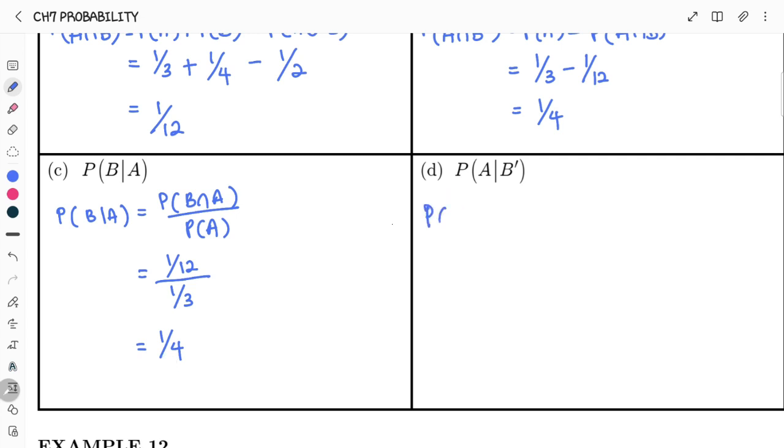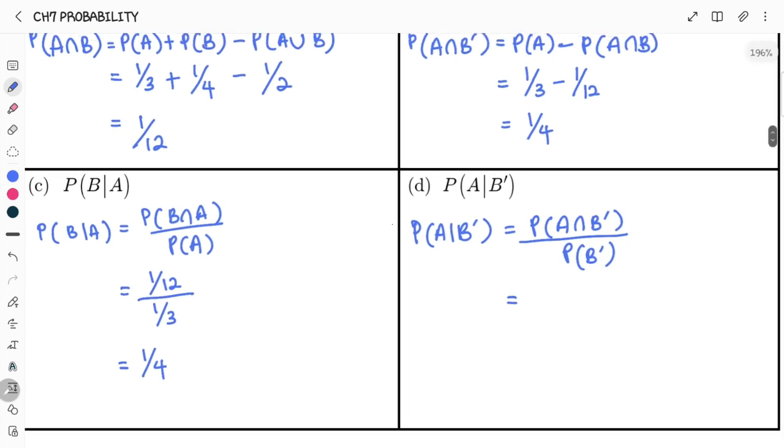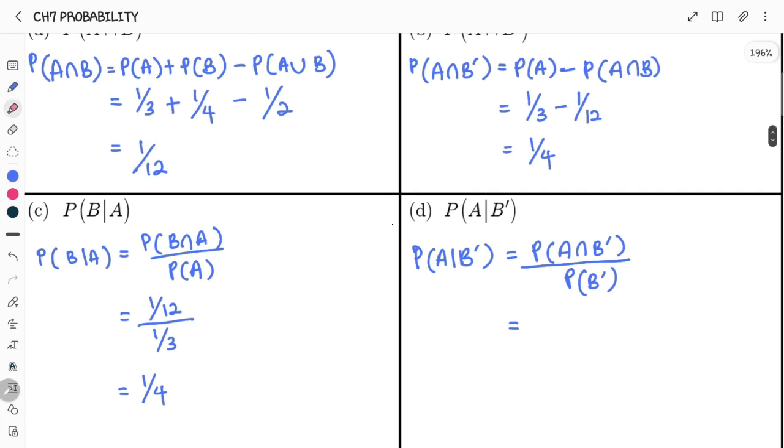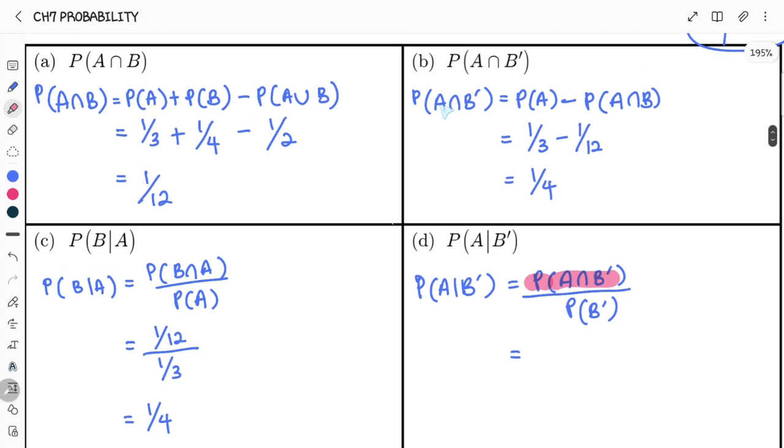So this one right here, just use the same formula. I'm using the conditional probability formula, and since you already know that P(A intersect B complement) is equal to 1/4, you can just use that information. 1/4 over P(B complement).